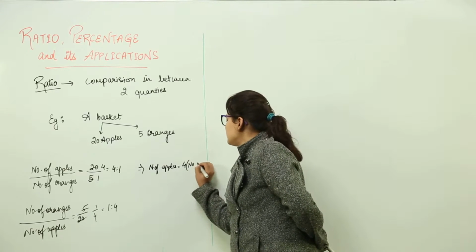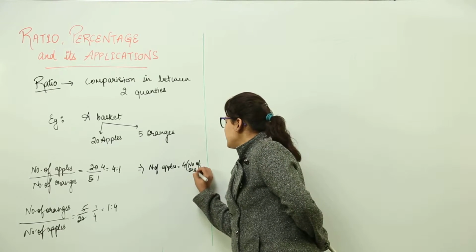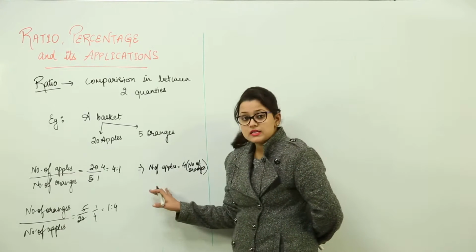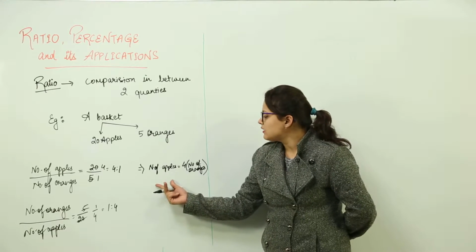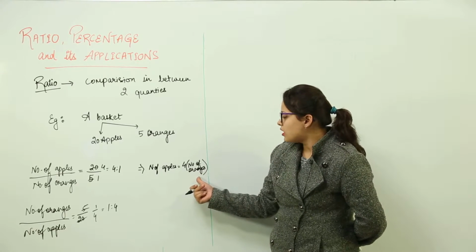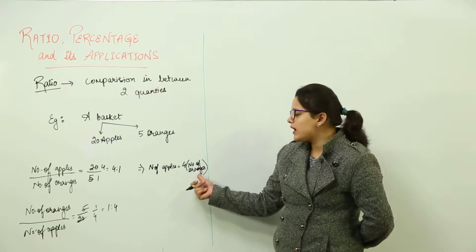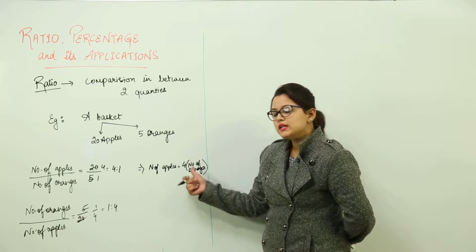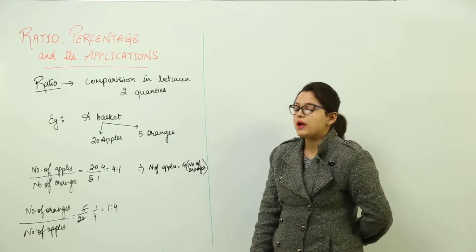So I have number of apples equals 4 times the number of oranges. This equation is telling us that the number of apples is 4 times the number of oranges. Isn't it true? You had 5 oranges, and 4 times the 5 oranges becomes 20, which is the number of apples.